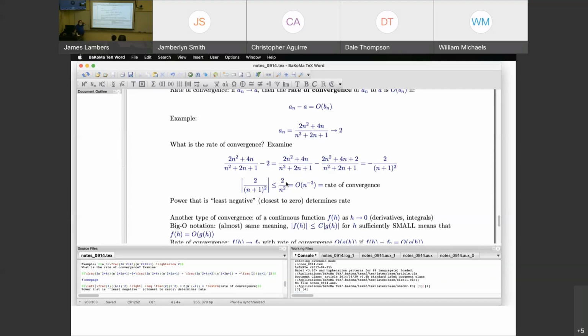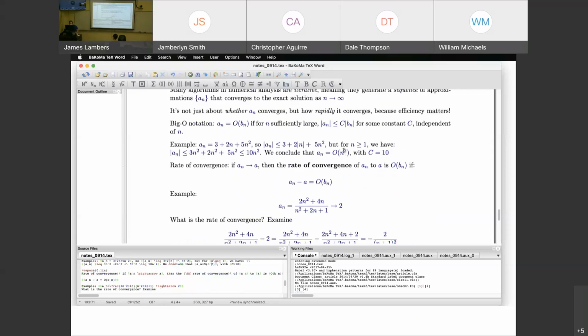So when we want it to be sharp, we want the closest we can get to the upper bound. A sharp upper bound is more informative as to the actual behavior of the sequence as it goes towards its limit. So the rate of convergence concerns the systematic rate of convergence.